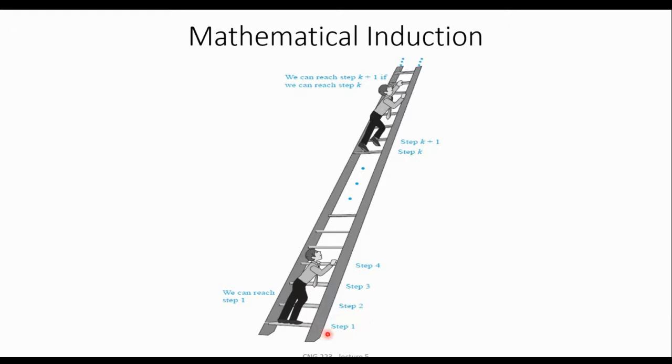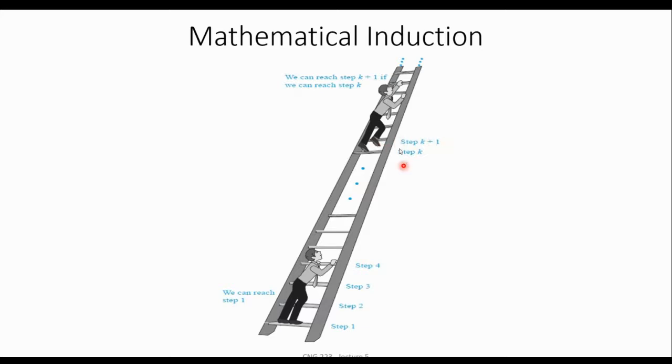First, we should find where my initial step is. For example, in this picture, step 1 is my initial step. Then the next thing to do is that if we assume that we can reach step number k, does it imply that I can reach step number k plus 1 or not?